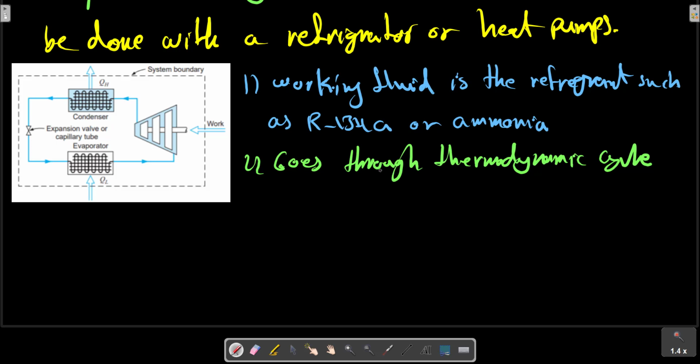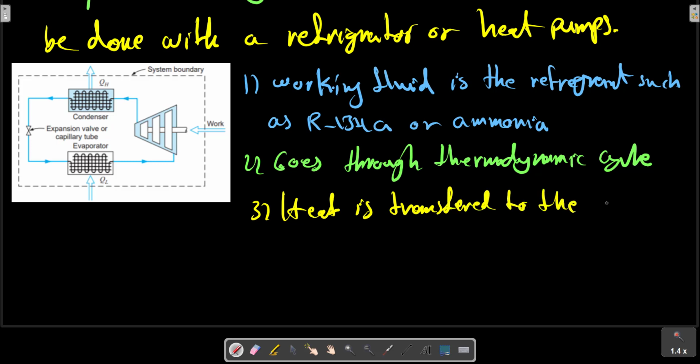Heat is transferred to the refrigerant in the evaporator.